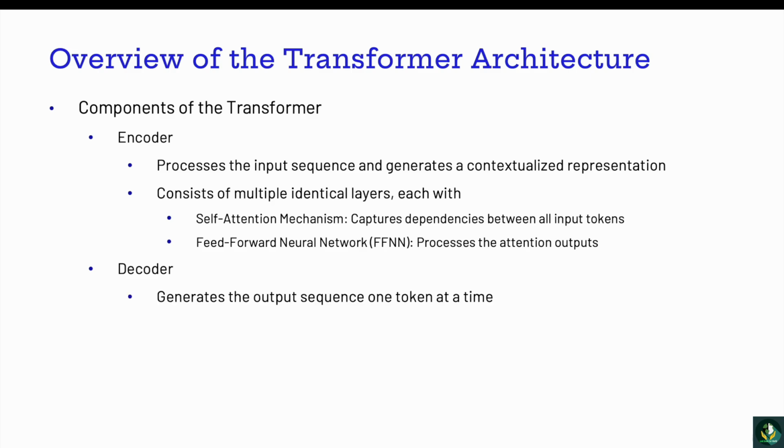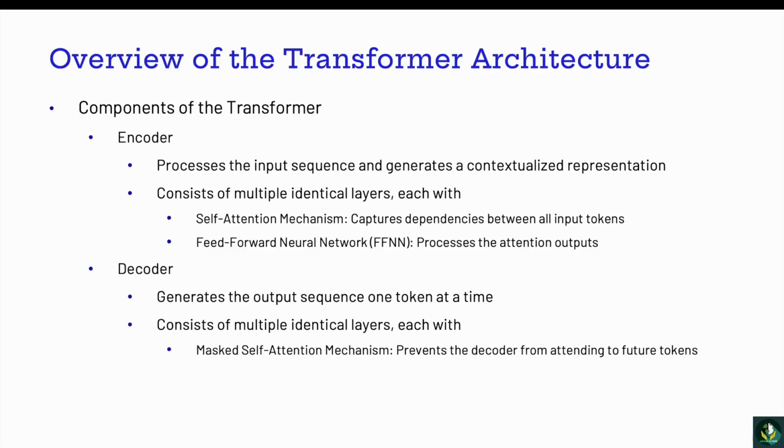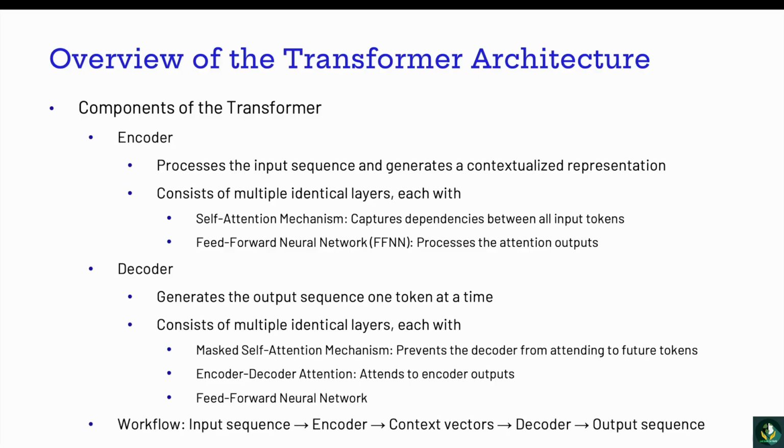It generates the output sequence one token at a time, and consists of multiple identical layers, each with a masked self-attention mechanism, which prevents the decoder from attending to future tokens, encoder-decoder attention, which attends to encoder outputs, and the feed-forward neural network. The workflow is: the input sequence comes in and goes through the encoder, next to the context vectors, next to the decoder, and finally you get the output sequence.